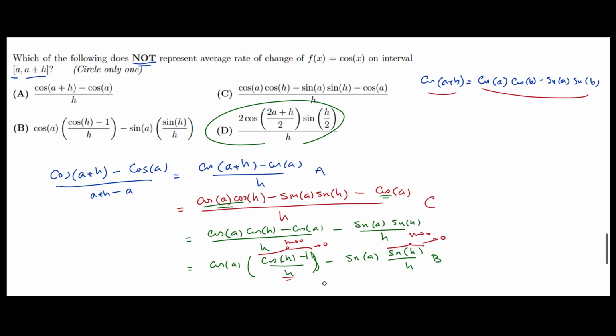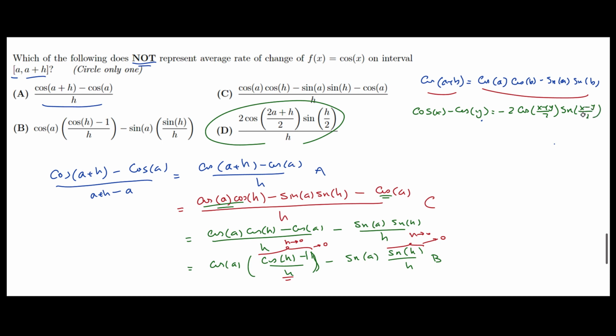That was the first thing I wanted to say. The last thing that I want to say is: how do I make sure this is not also equal to that value? And so I'm going to use another formula. Let's say cosine of x minus cosine of y is equal to -2 cosine of x plus y divided by 2 times sine of x minus y divided by 2.